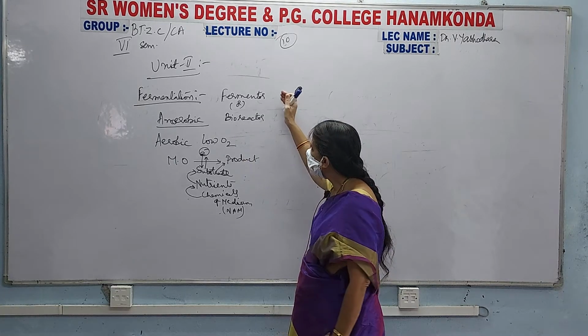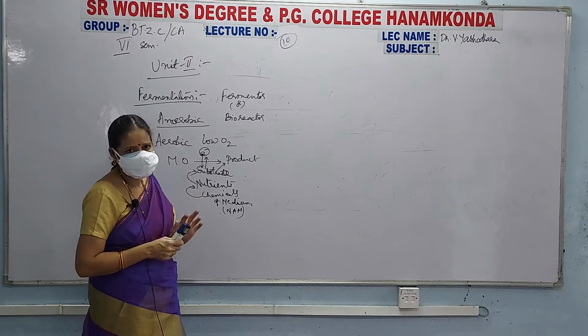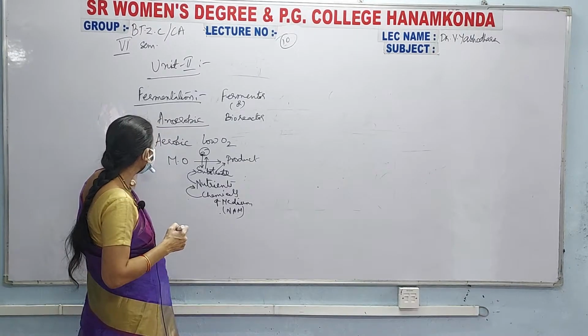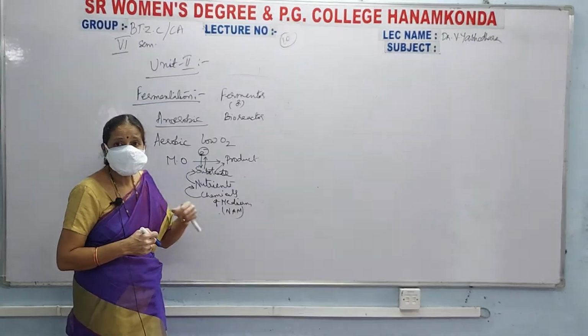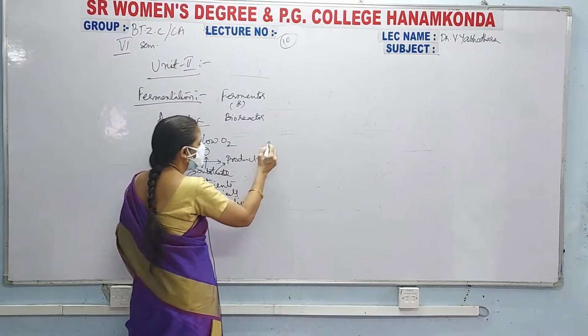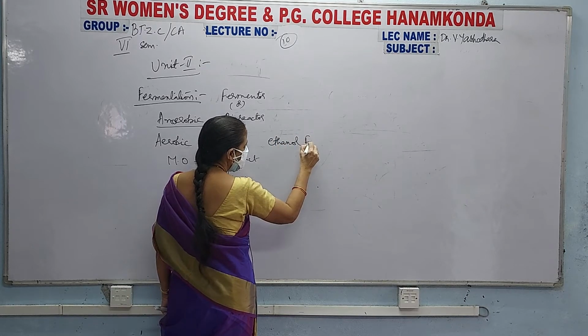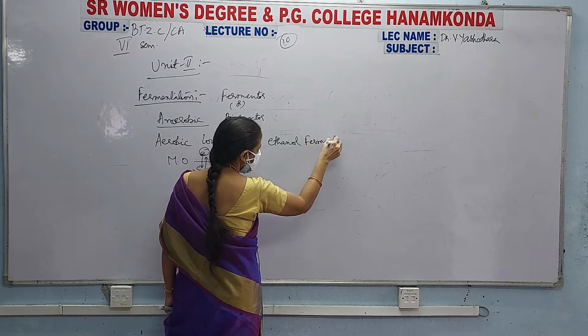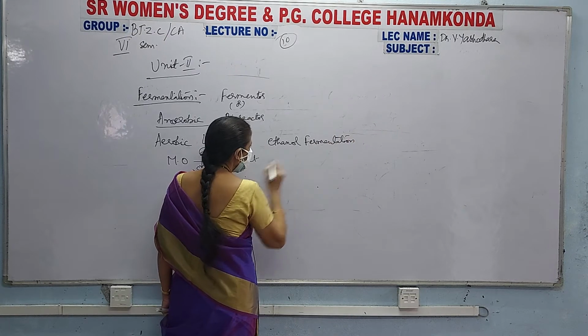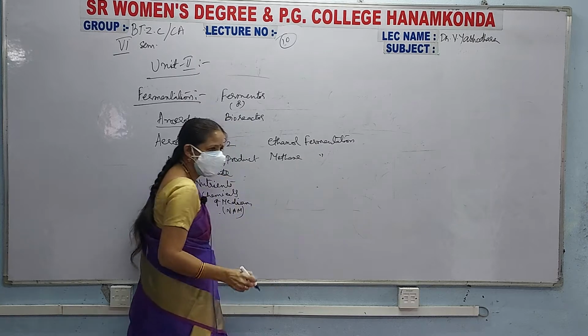Okay, now these fermenters or bioreactors help in fermentation technology. Now the fermentation technologies are named after the product that is produced by fermentation. That is, suppose ethanol is produced, this is known as ethanol fermentation. Methane is produced, methane fermentation.